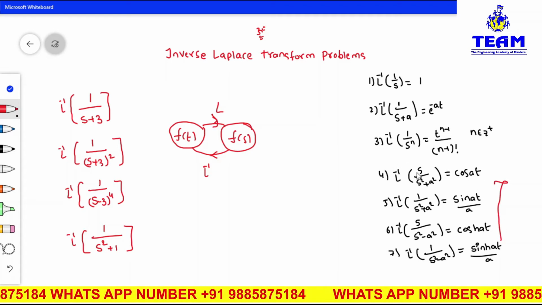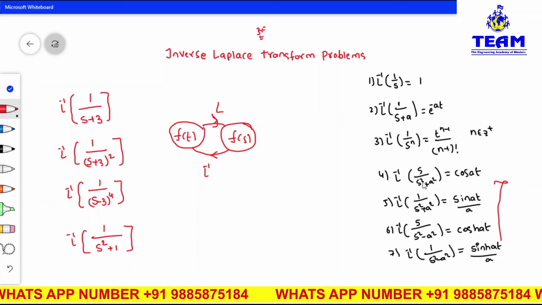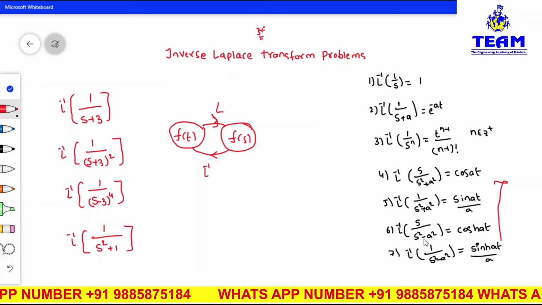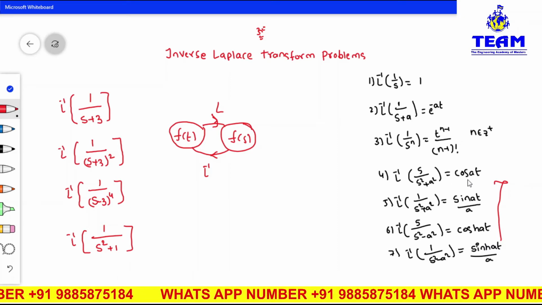How to identify: whenever s is in the numerator, cos will come. Here s by s square plus a square and s by s square minus a square. The difference is that here you observe a negative, s square minus a square, so a hyperbolic function came. With s square plus a square, it is cos at.